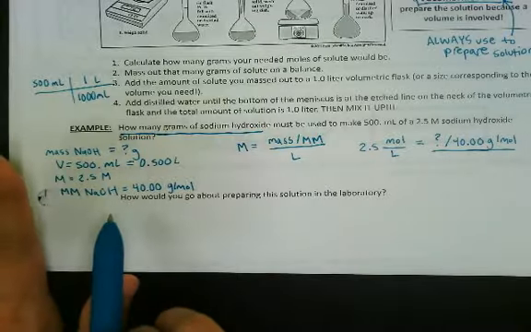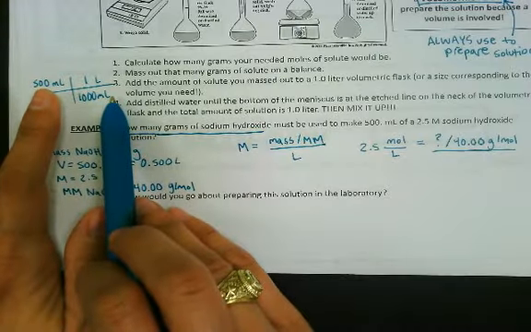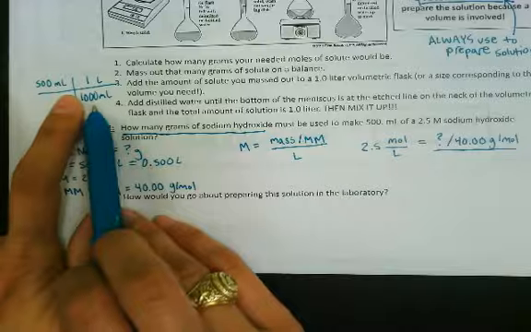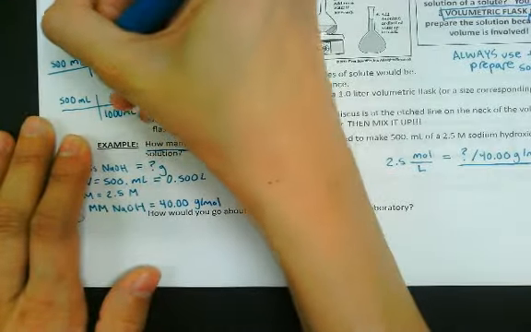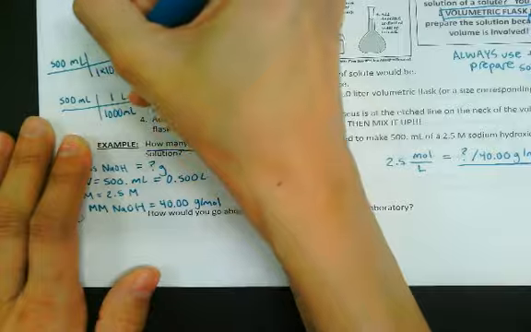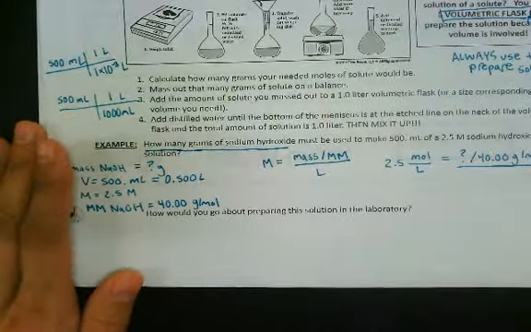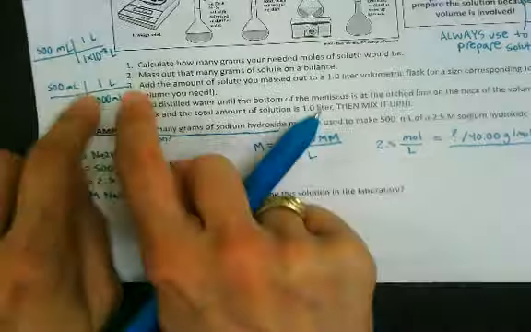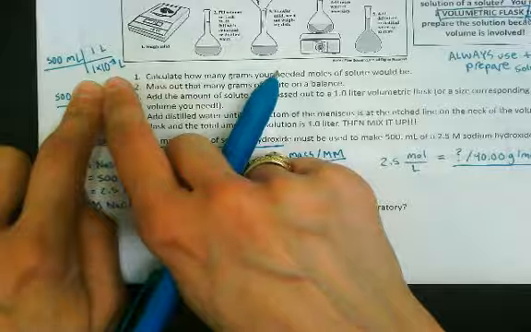I thought the one that was in prefix. Yes, you could put the one with the prefix if you wanted to do this with your prefixes. You could do 1 times 10 to the negative 3 liters over 1 liter, because we know that there's 0.001.